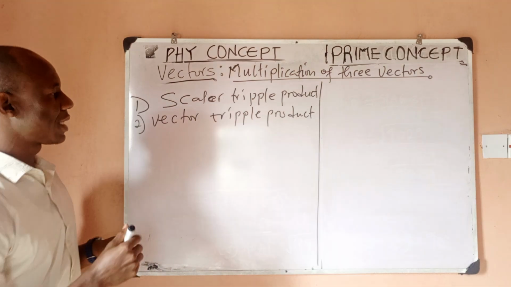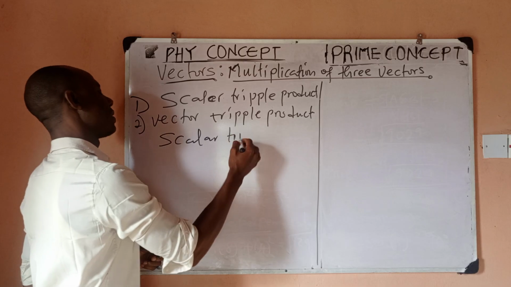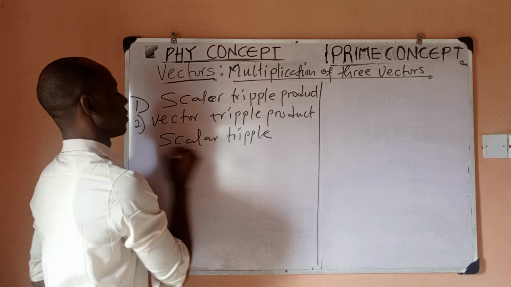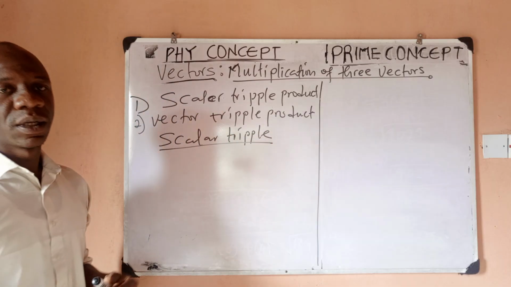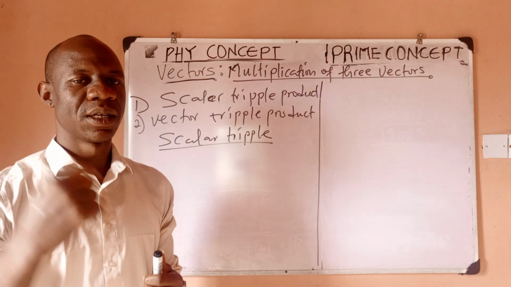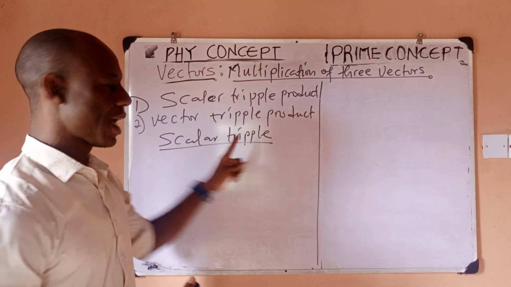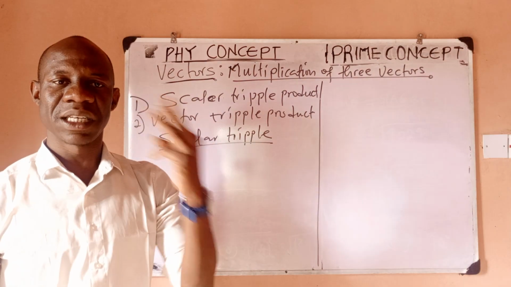So for scalar triple product, this would involve the multiplication of three vectors that yields a scalar. That is why you call it scalar, and you call it triple because it involves three vectors.